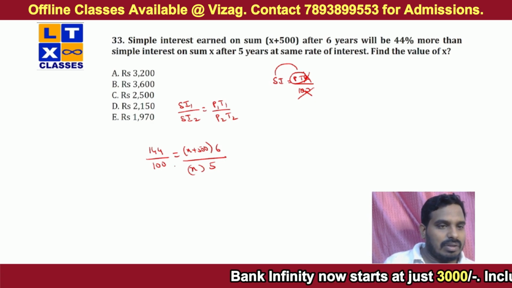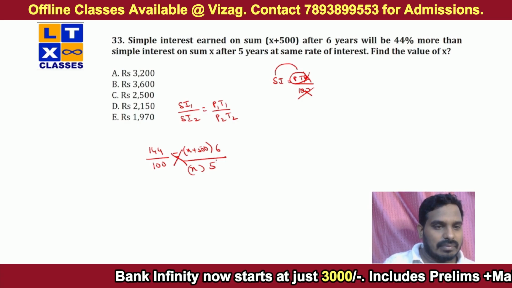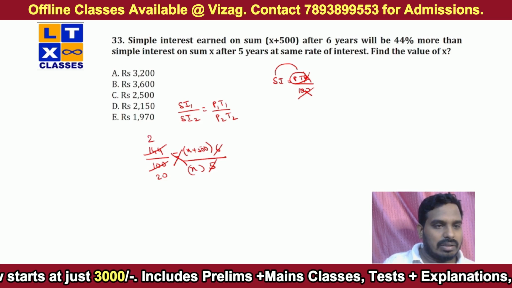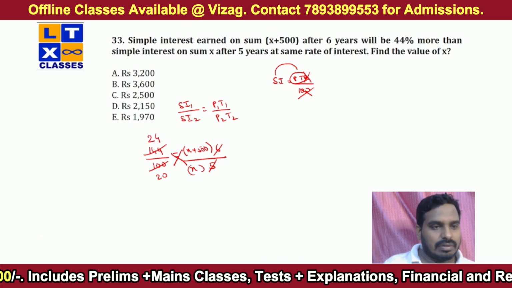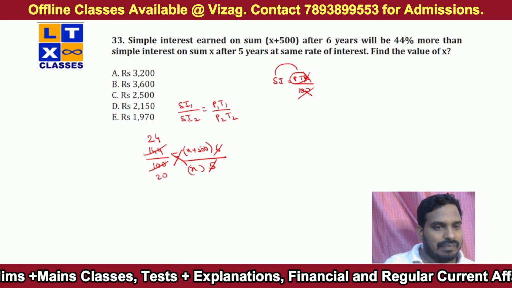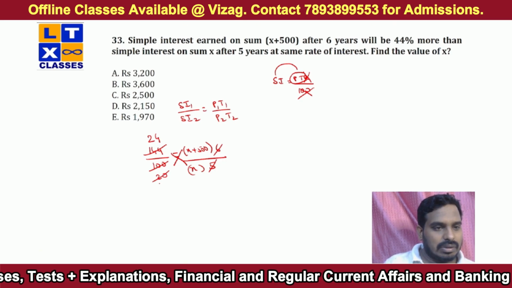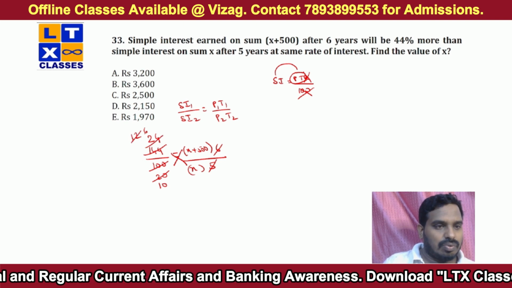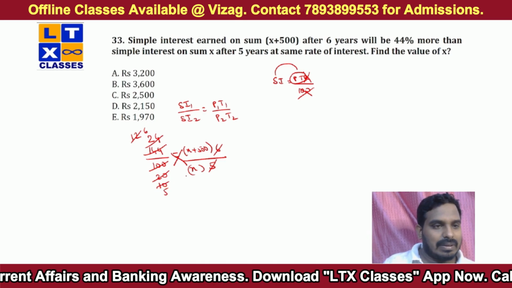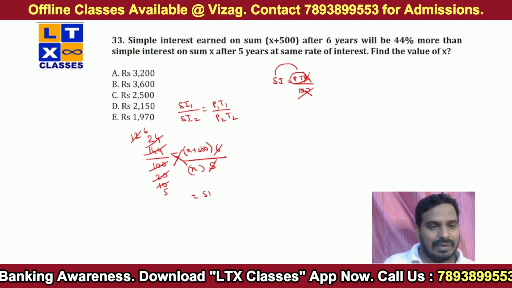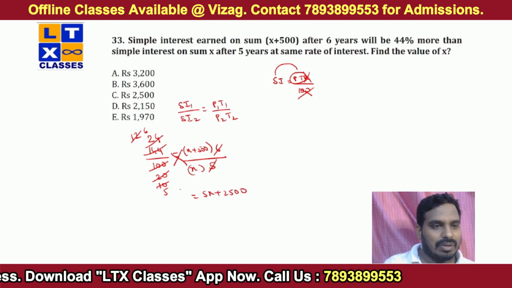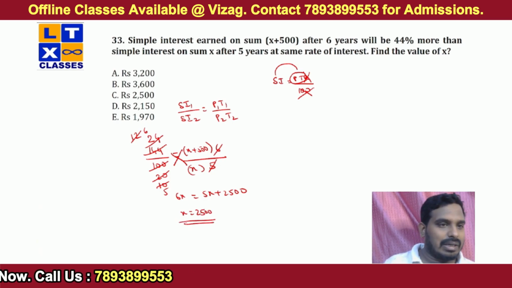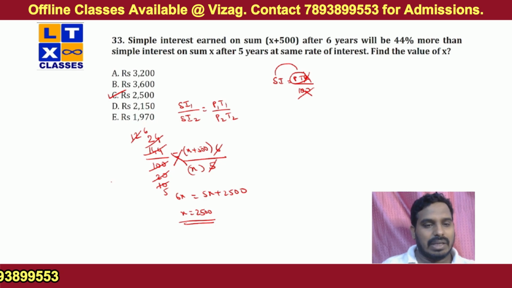Now, on cross multiplication, two tens and two twelves again, two sixes and two fives. So this will be 5x plus 2500 should be equal to 6x. So my x will be equal to 2500.